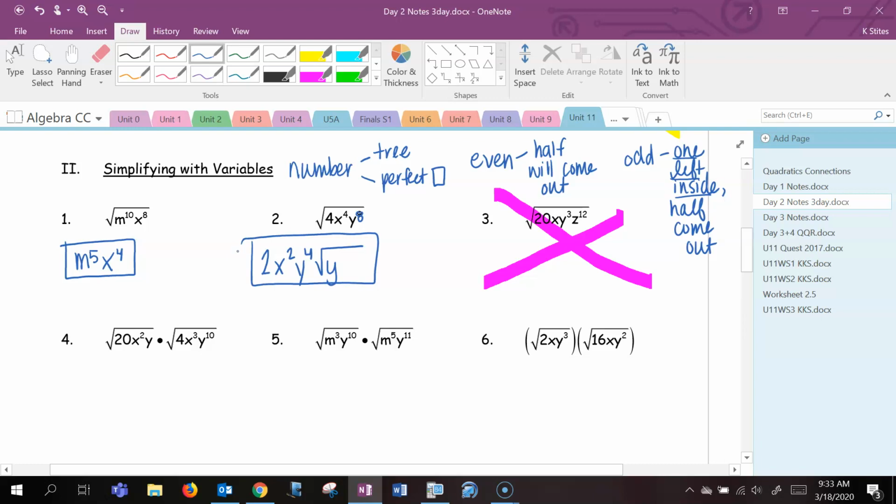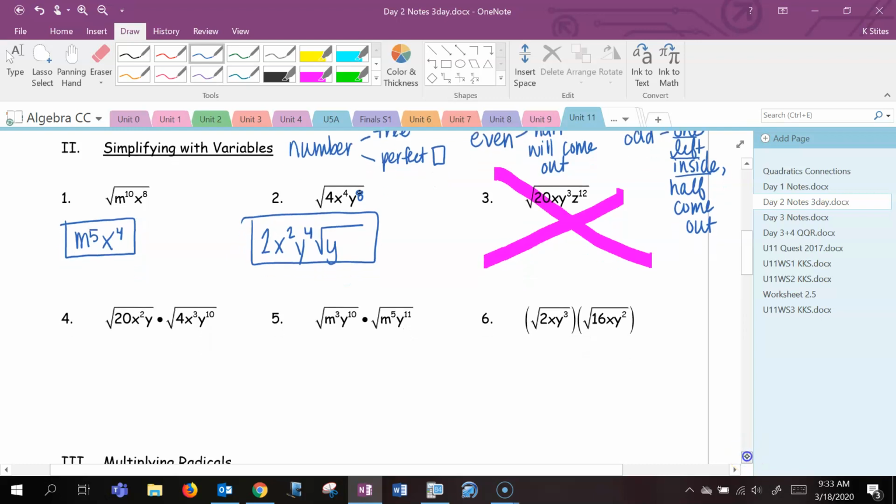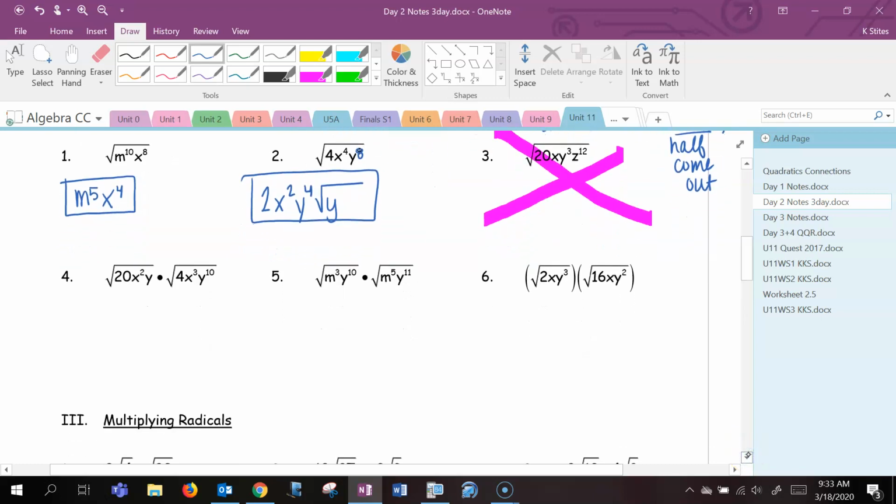Okay, we're going to skip number 3 for now. Let's make this a little more difficult. Now we're going to multiply these, and then we'll simplify. So you're going to use the same rules as multiplying radicals yesterday. Outside times the outside and inside times the inside. Notice your outsides are just 1s. So 1 times 1 is 1. Insides, we'll do this guy times this guy.